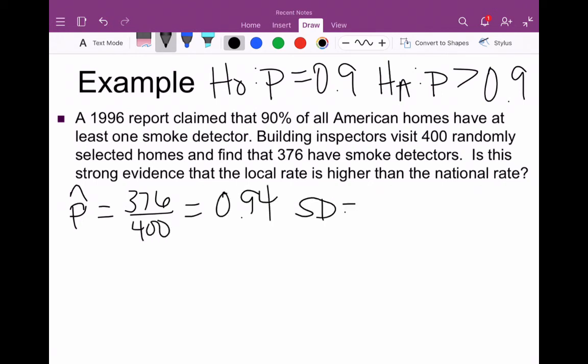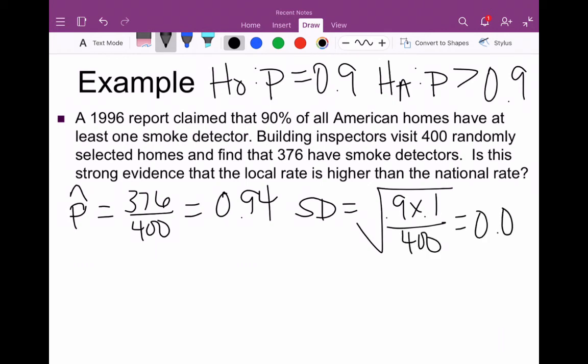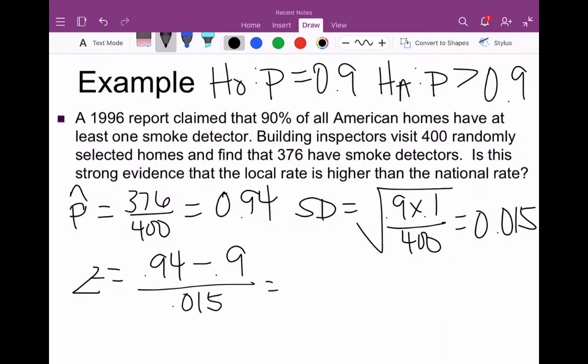Our standard deviation is based off of our current model of 0.9 times 0.1 divided by 400, which is 0.015. Then we calculate our z-score. So z is equal to 0.94, our sample proportion, minus our null hypothesis, divided by our standard deviation, and we get a z-score of 2.67. Then from here we have to calculate our p-value.